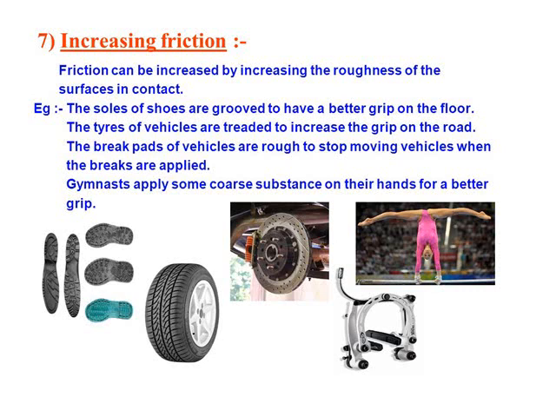The brake pads of vehicles are rough to stop moving vehicles when the brakes are applied. Gymnasts apply some coarse substance on their hands for a better grip. So in these cases, friction is being increased.